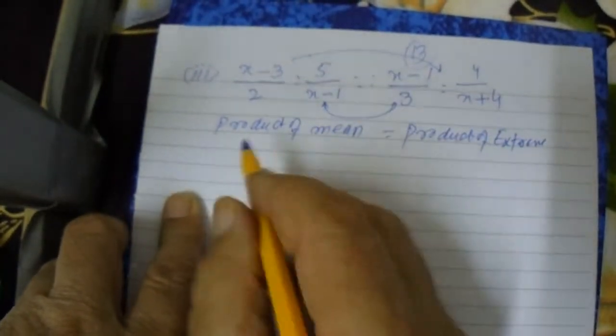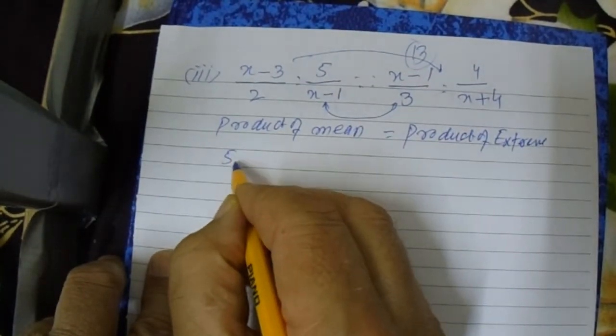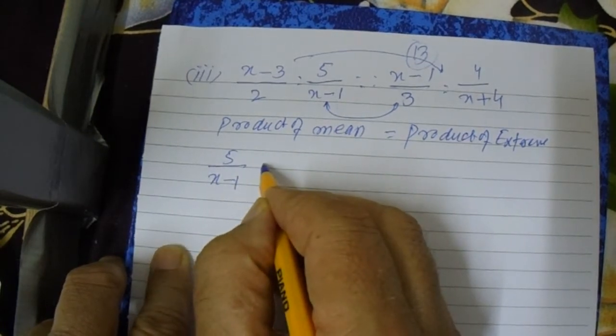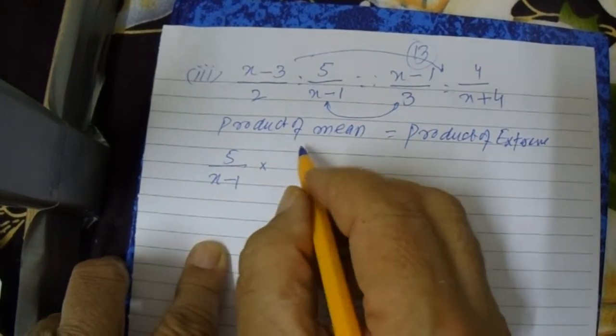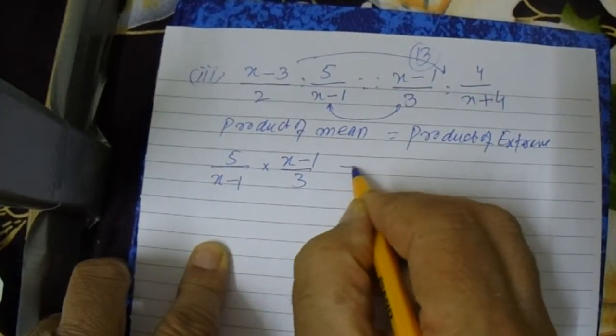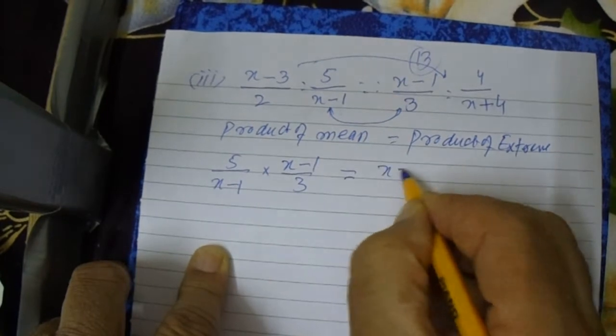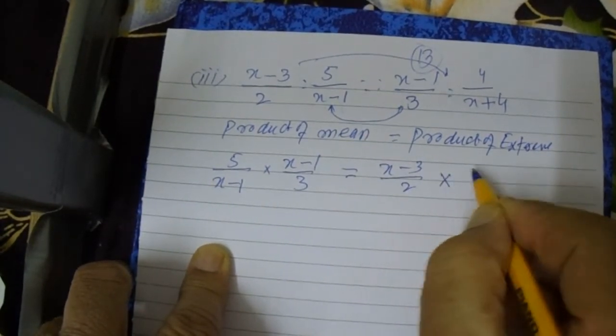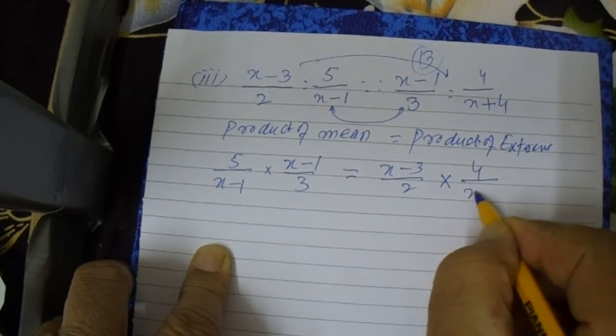Now we multiply this by this: 5 over x minus 1 multiplied by x minus 1 over 3 is equal to x minus 3 over 2 multiplied by 4 over x plus 4.